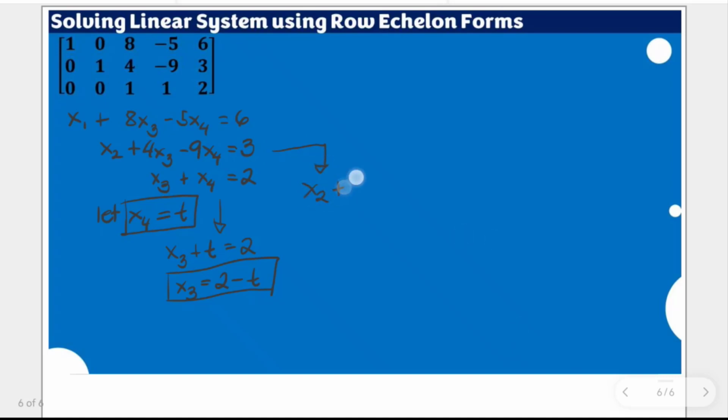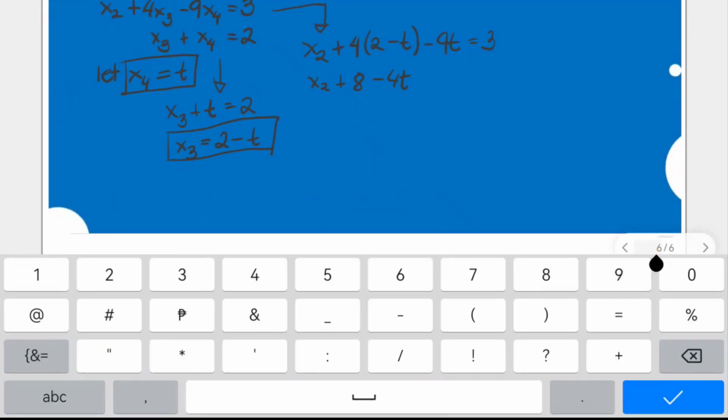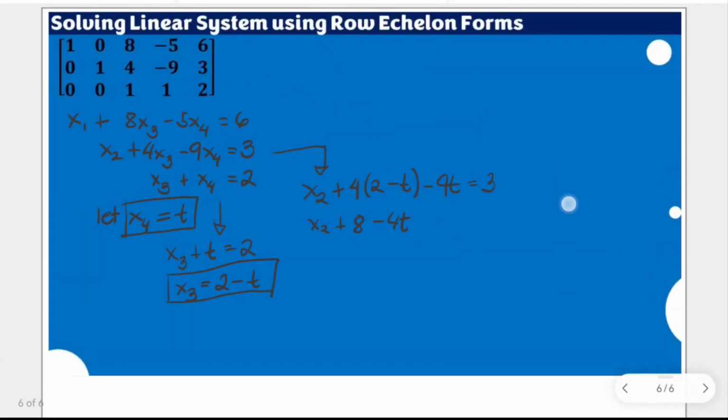x sub 2 plus 4 times x sub 3, which is 2 minus t, minus 9 times x sub 4, which is t, is equal to 3. Again, we will be using the representation of the arbitrary variable t. So you'll have x sub 2 plus 8 minus 4t, minus 9t is equal to 3.